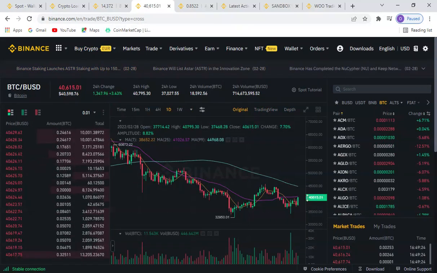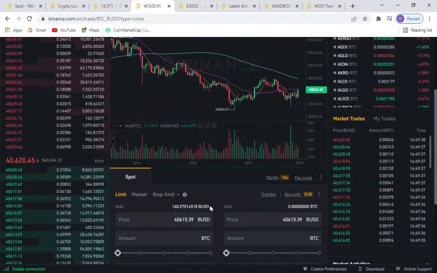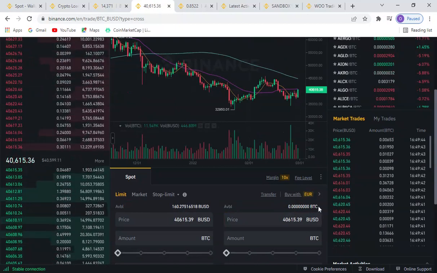BTC is currently trading at $40,612. So a user who wants to jump into this trade can decide to use their stable coin as a collateral in order to get some amount of BTC and trade on it.